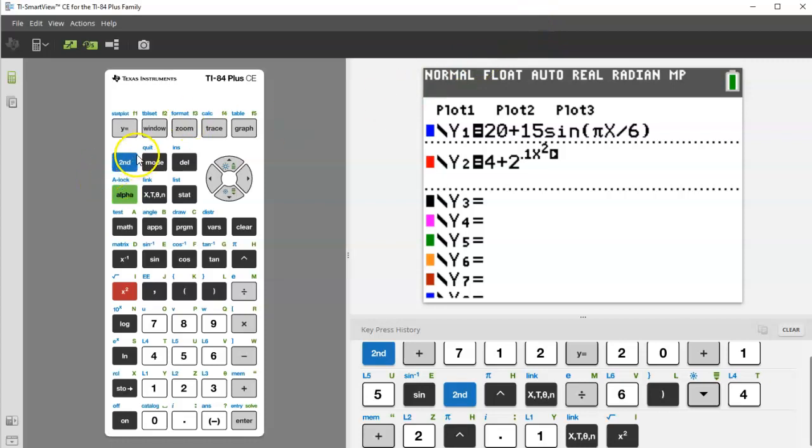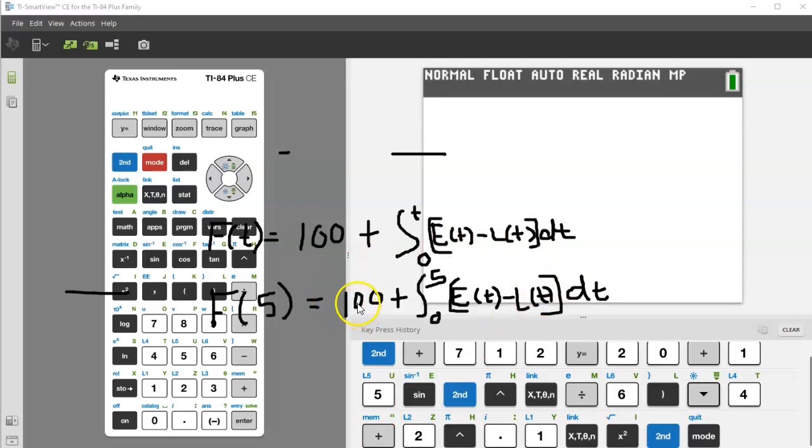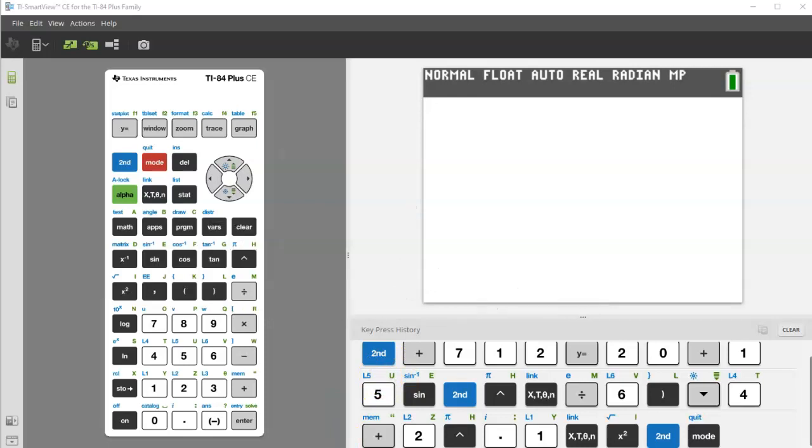Now, we're going to go back to our home screen, and now I'm going to type in this function that I had written up here earlier, 100 plus the integral from 0 to 5 of E minus L. Okay, so let's do that.